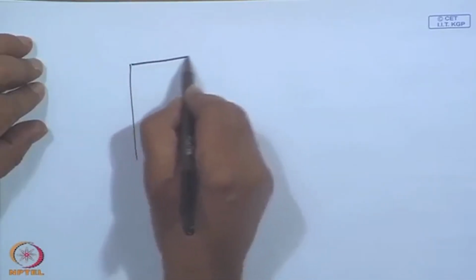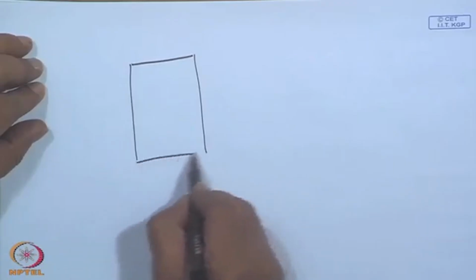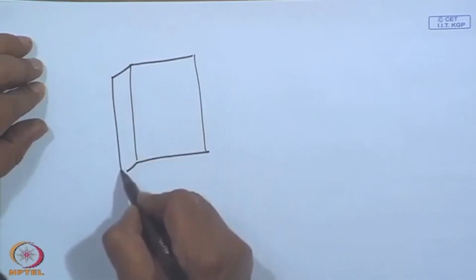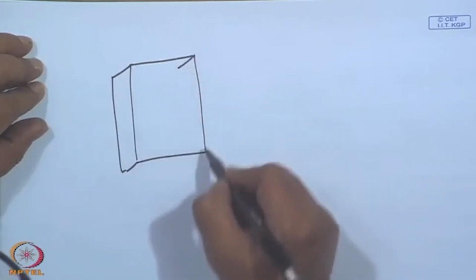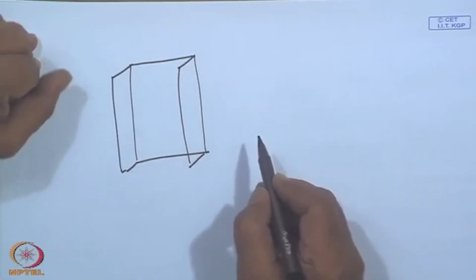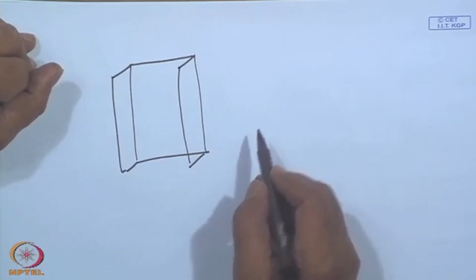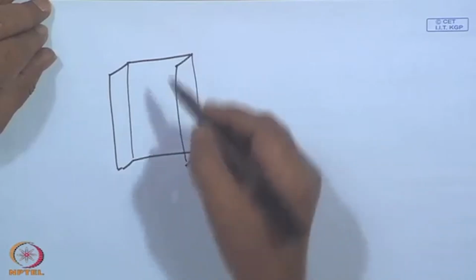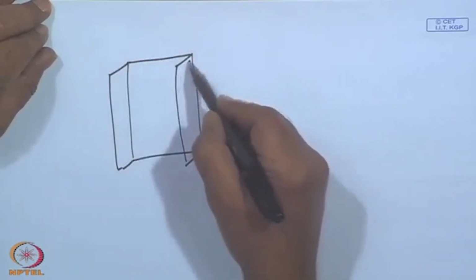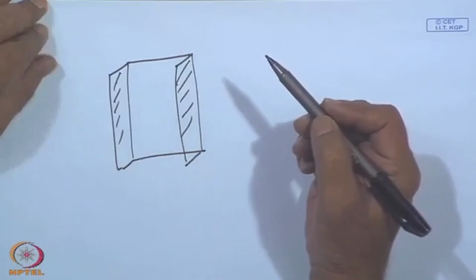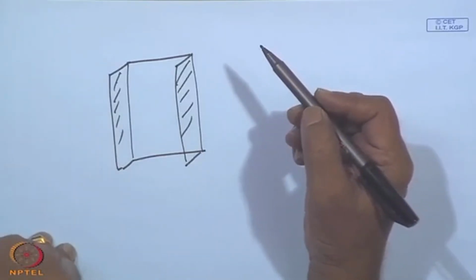And wing walls are also the same, except that they are to the side of a window or an opening. If you look at some of the large buildings, including, for example, the IIT Kharagpur main building, you have these projections, wing walls over the main building and mechanical department and a number of other places.